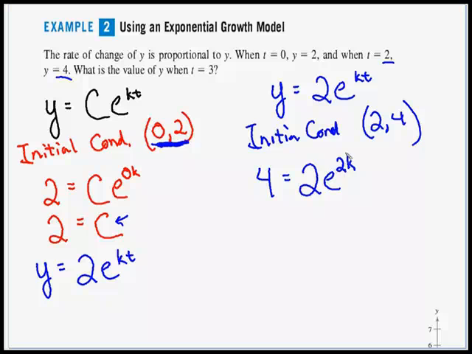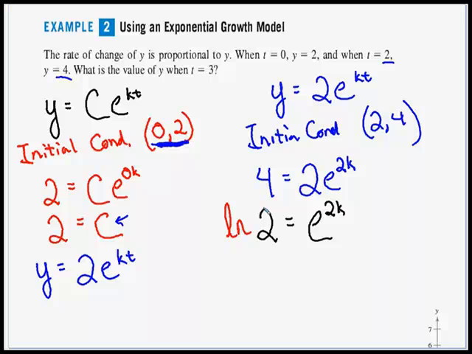It's stuck up here as an exponent above our base e. How are we going to get that down so we can solve for it? What do we do to get rid of the exponential base? The first thing I'm going to do here is divide by 2. So that's going to be 2 equals e to the 2k. Now, to get rid of that base e, I can take the natural log of both sides.